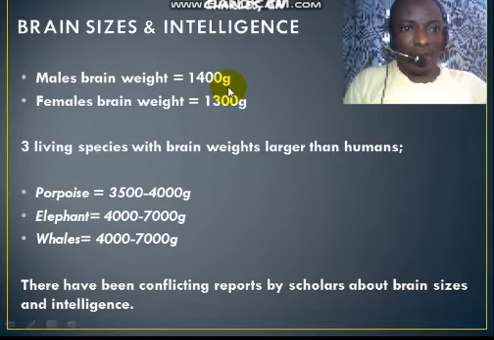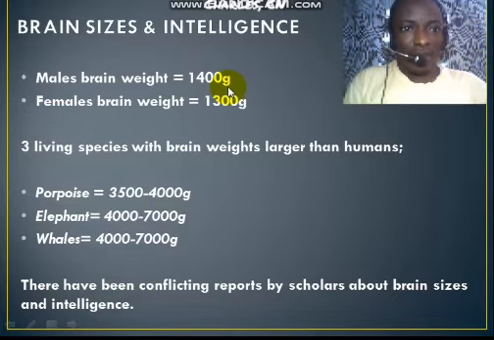Let's say in a class of OPT, the males have higher brain weights than females. Then the report is simply saying that the males in optometry class 300 level are more intelligent than the girls in the same class. Or generally, you could say because males have higher brain weights than females, they are more intelligent than girls. But thinking about this, is that right?